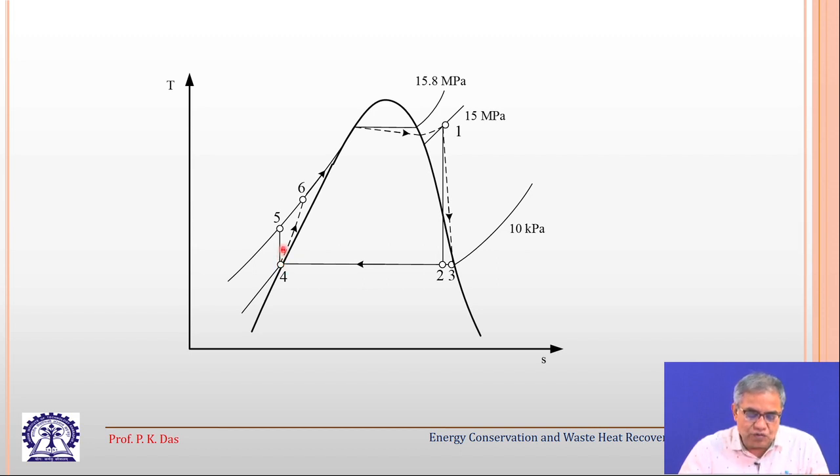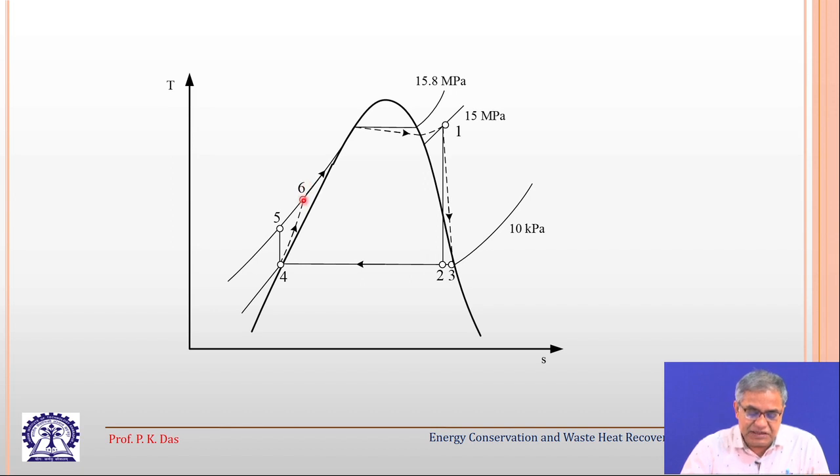Ideally, the process could have been 4 to 5. 5 could have been the exit point from the pump due to isentropic compression or isentropic pressure rise, but in actual practice there will be irreversibility. So, we will get the exit point at 6, and this dotted line 4 to 6, that will denote the non-ideal or non-isentropic compression process.